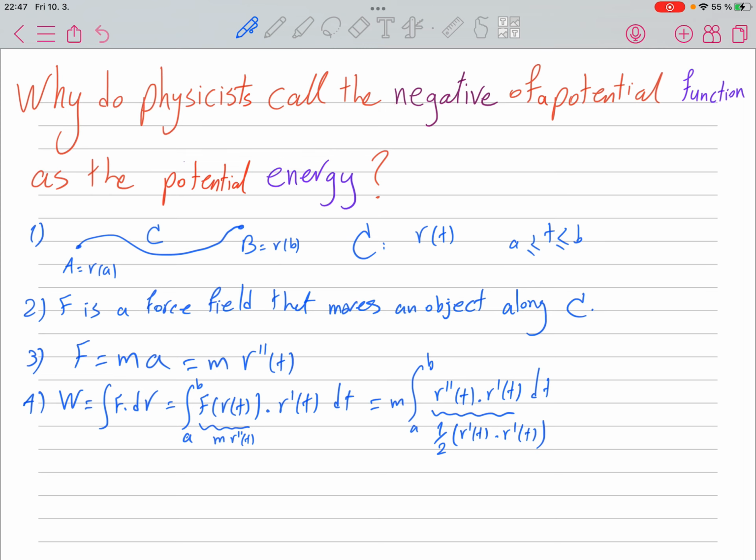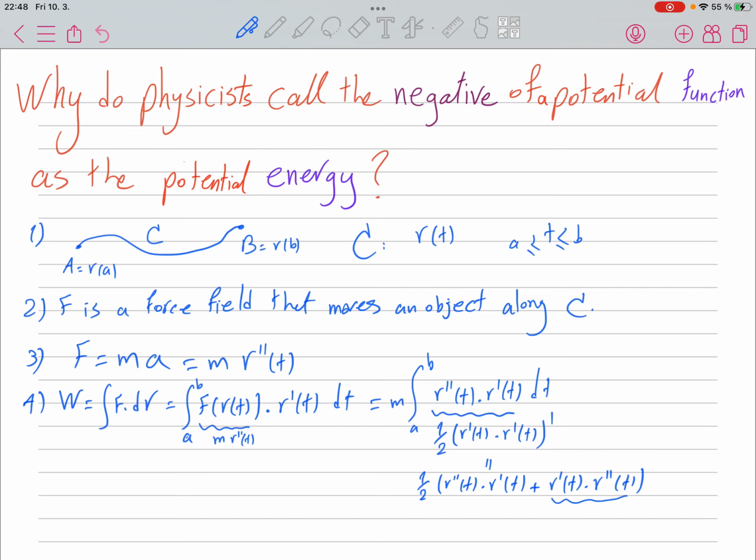You can easily check that out: if you consider the derivative of this, it is going to be 1/2 R double prime of t dot product R prime of t plus R prime of t dot product R double prime of t. And you know that in the dot product, the order of vectors doesn't matter.